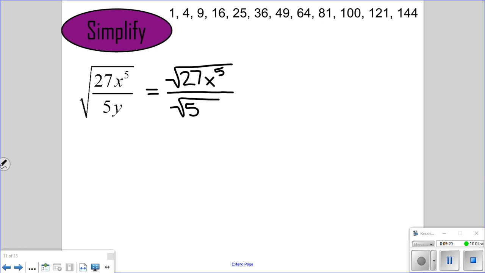So let's break down the 27x to the 5th. So we have root 27. We have root x to the 5th. The biggest perfect square that breaks down 27 is going to be 9. So we have 9 and 3. Square root of 9 is 3.